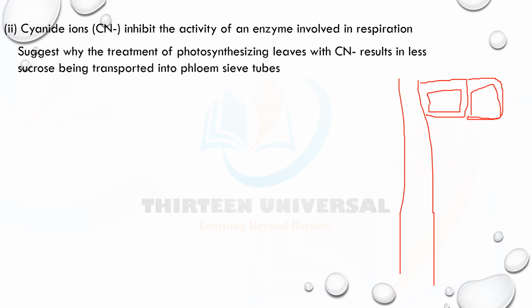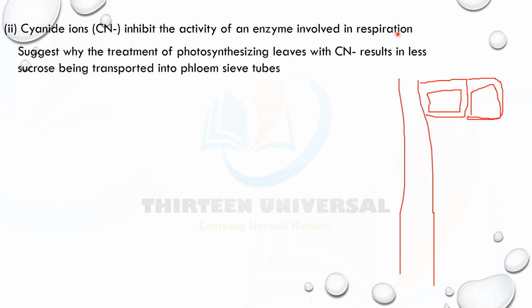Now guys, don't forget that in loading of sucrose, a hydrogen ion or proton gradient is set up. So protons are first of all pumped from the cytoplasm of the companion cell into the cell wall of the same companion cell. Protons are pumped by active transport. Active transport requires energy, requires ATP.